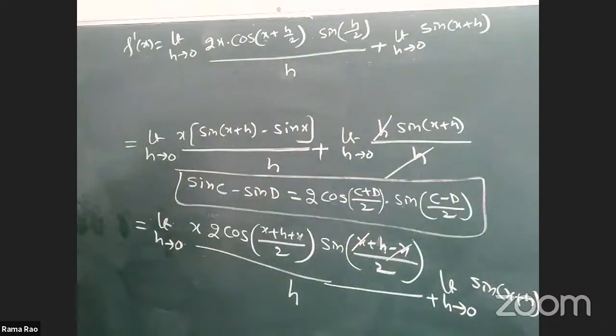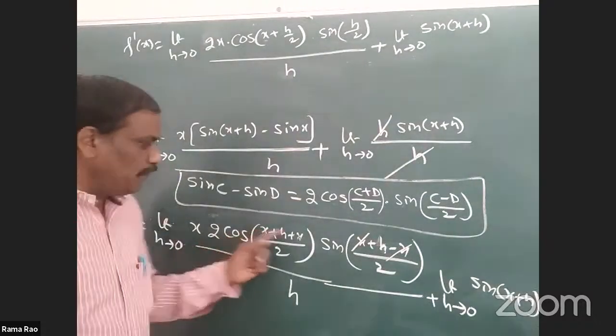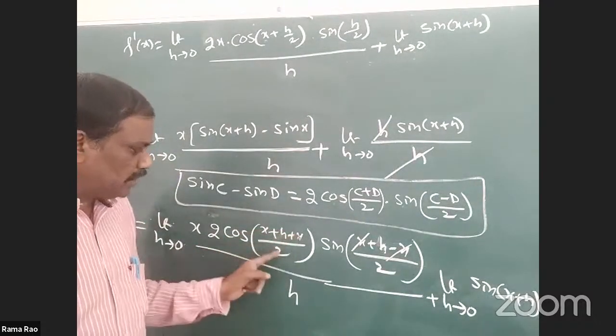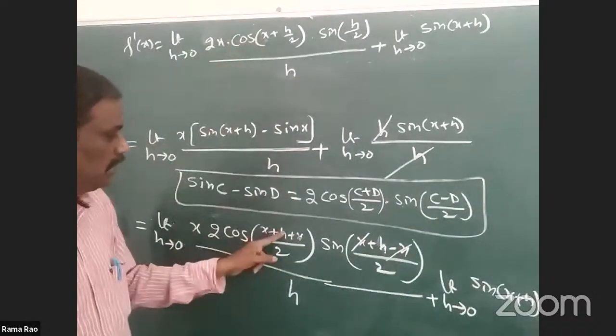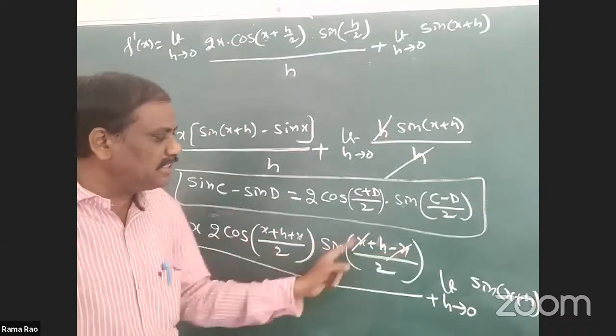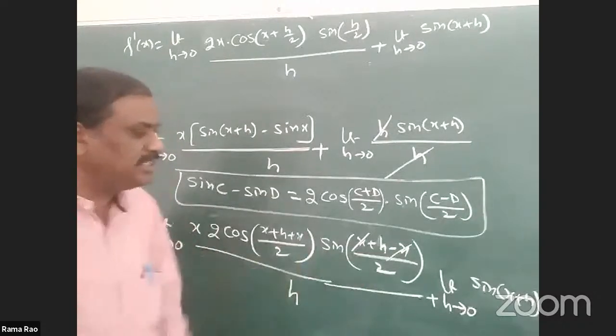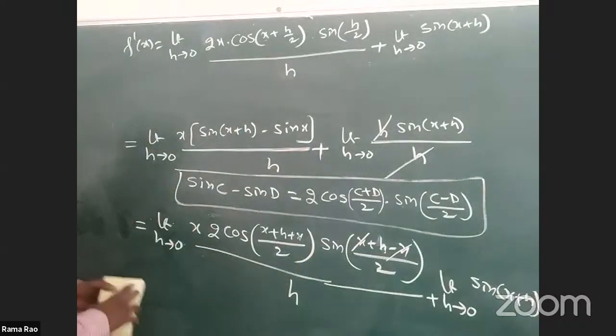Am I clear? Cos of x plus x means 2x by 2, that is x plus h by 2. Plus x minus x gets cancelled, the remaining function is h by h.